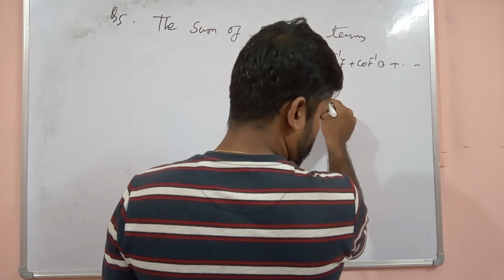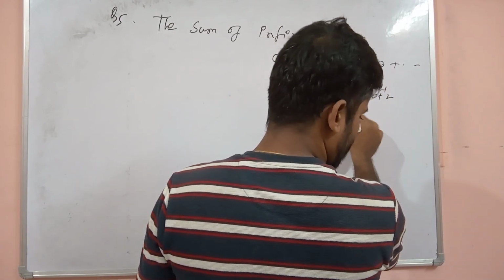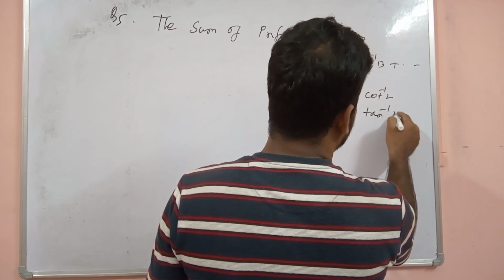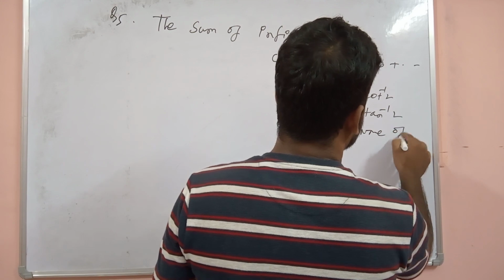Options are A pi by 2, B cot inverse 2, C tan inverse 2, and the last one is none of this.